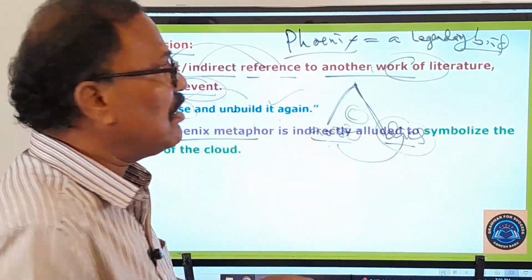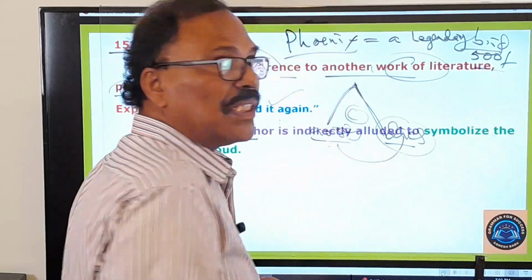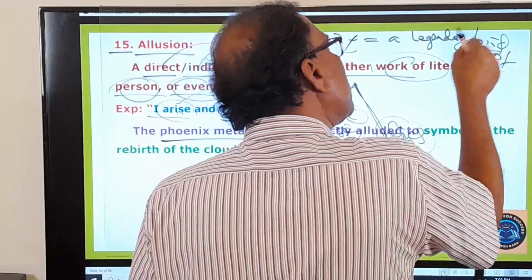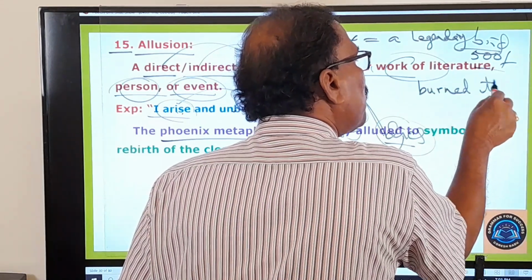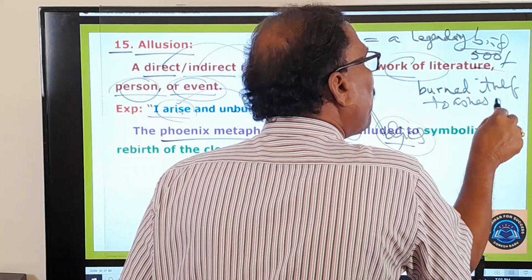According to one account, this legendary bird lived for 500 years. And after that, it burned itself to ashes on a pyre. You must know about this phoenix.